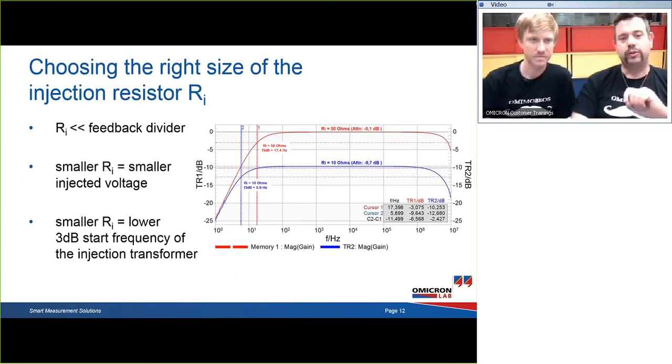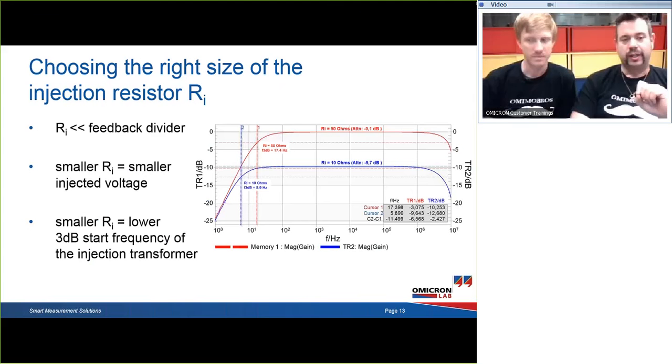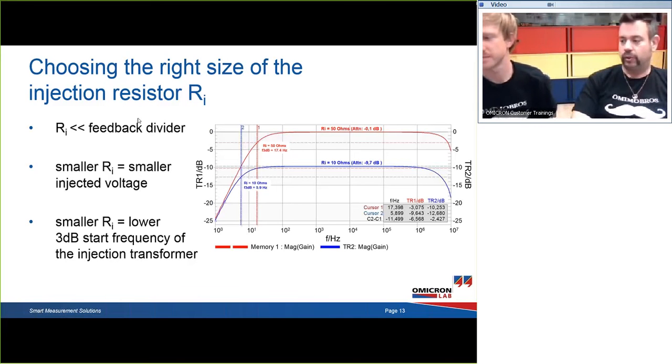Next, you need to choose the right size of the injection resistor Ri. The injection resistor needs to be significantly smaller than your feedback divider so that you do not change the operating point of your power supply. In addition, you choose the injection level with your injection resistor. Our injection transformer is a 1-to-1 transformer, and it's fed with a 50 ohm source.